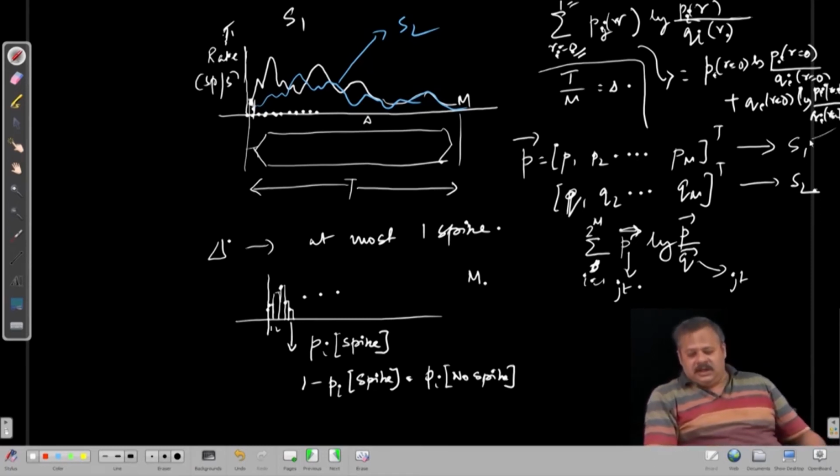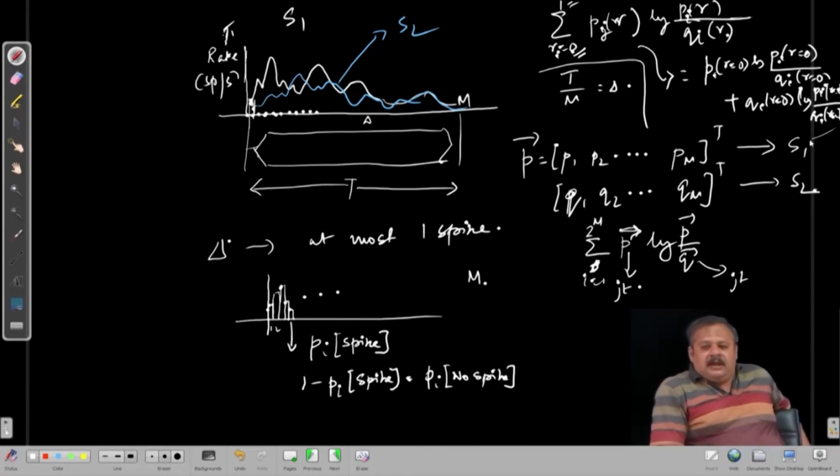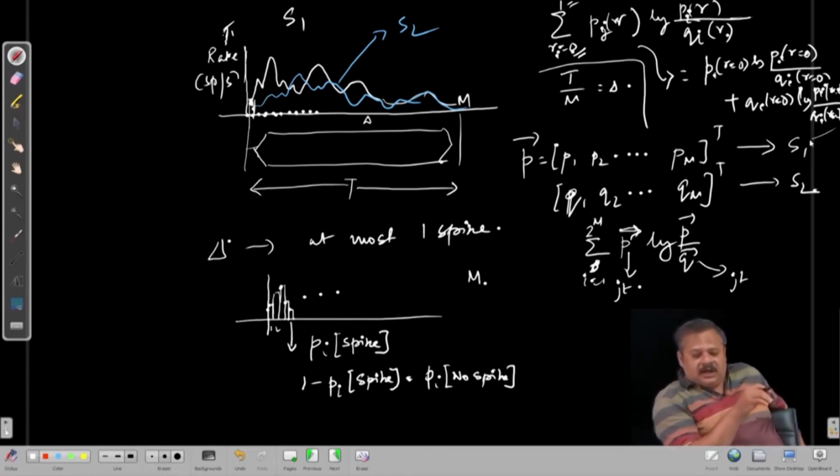So, this is the KL distance in the ith bin, and for each of the i's going from 1 to capital M, you sum them up. That is what we showed in the next page. So, this is straightforward in the sense that it is simply a sum.